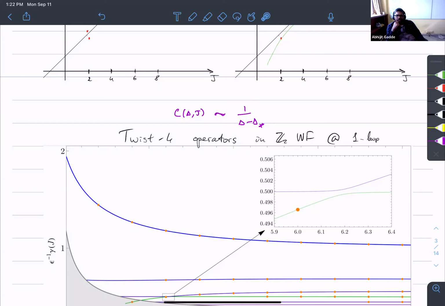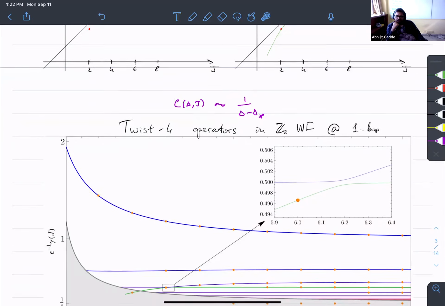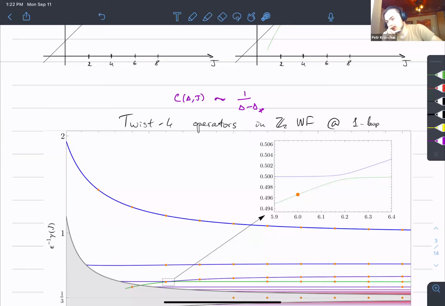I see. And these curves can cross in perturbation theory? There's not a theorem that they cannot cross. Generically they shouldn't cross.